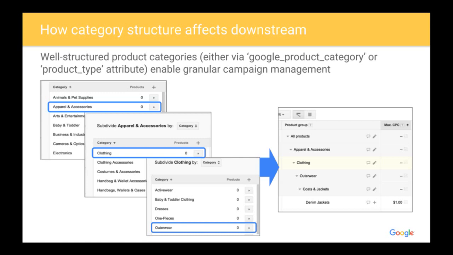Those are things to consider, where your campaign structure downstream is actually driven by how you set up your feed. So put some thought into how you want to structure your feed so that you can make the most use of it down the road.